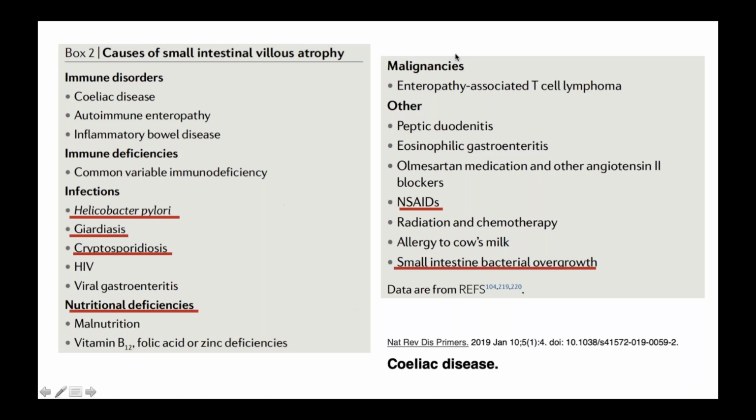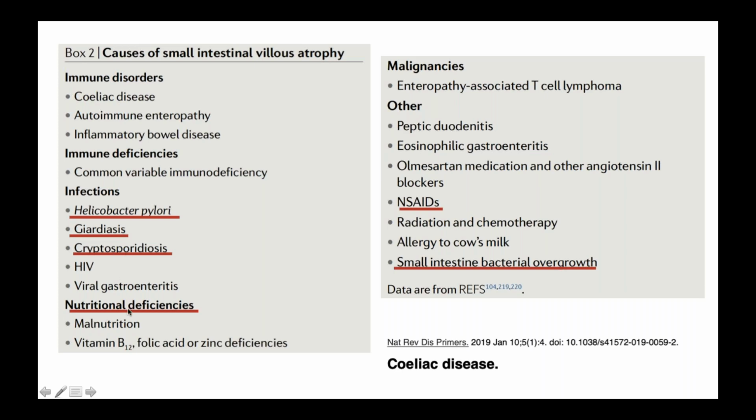So I just highlighted a few here, but you can see through this table that there's a number of different factors that have been identified that can contribute to small intestinal villus atrophy. In terms of infections, H. pylori and Giardiasis are two that we just talked about, but also Cryptosporidia can contribute to a similar syndrome.